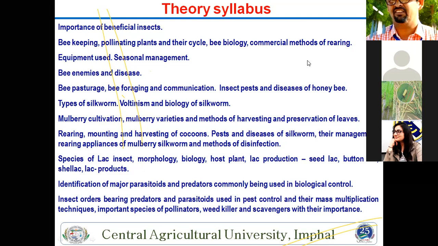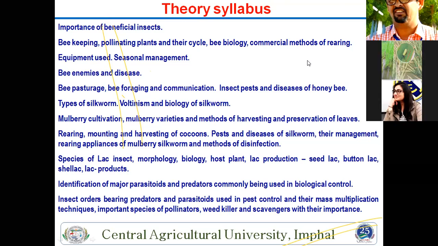So we will also study the plants, mulberry plants, how to cultivate, how to use, where the major area is, how many varieties, then harvesting, preservation, then rearing of silkworm, harvesting of cocoons, then again pests and diseases of silkworm, their management, and many other management methods.